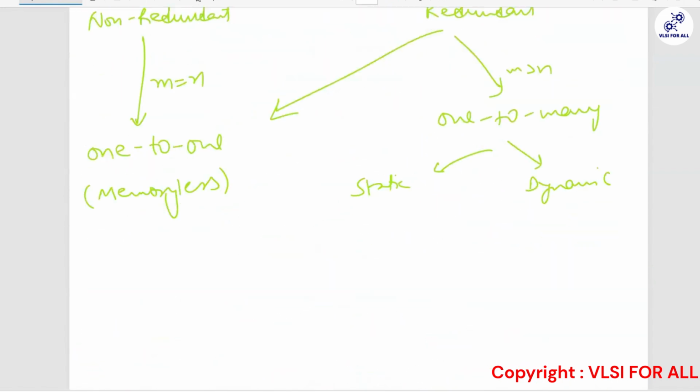Okay, so now we talk about gray encoding. We'll say gray coding versus binary coding. Now, what is gray coding?